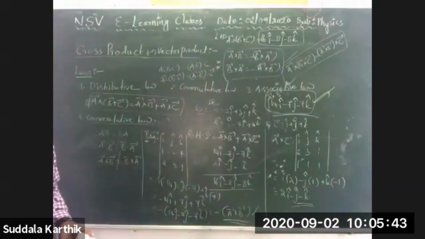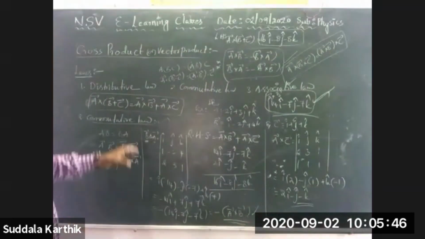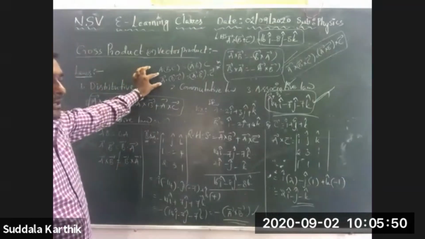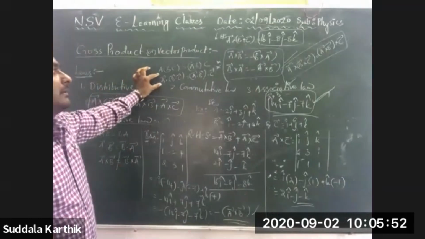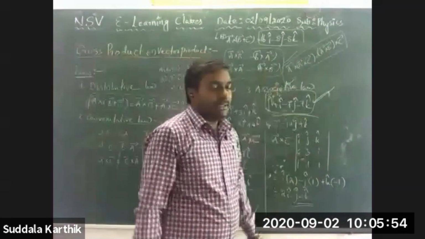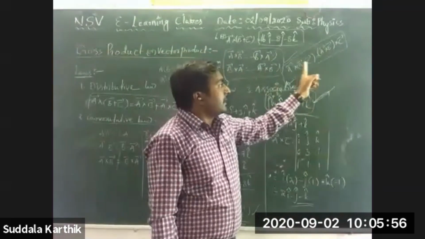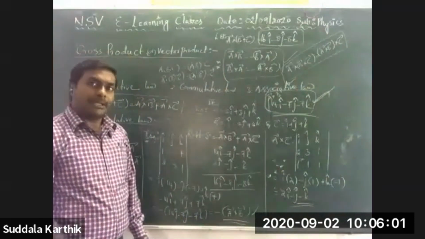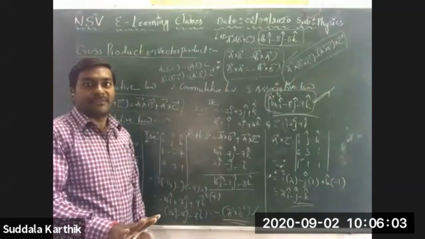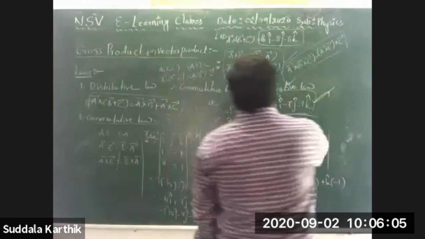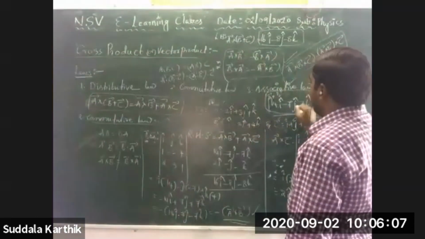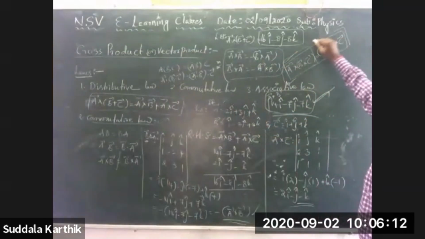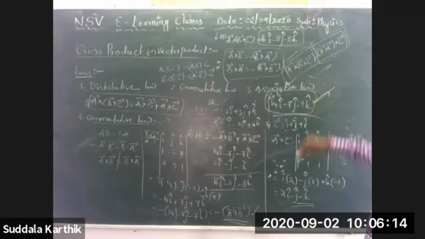Is it obeying? Generally, yes. You can check with these three vectors A bar, B bar, C bar. First find LHS, and next find RHS. Those will be equal. Don't worry.